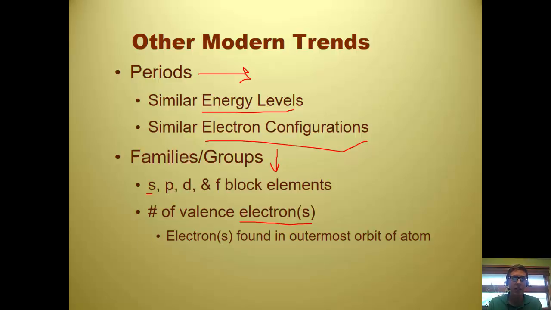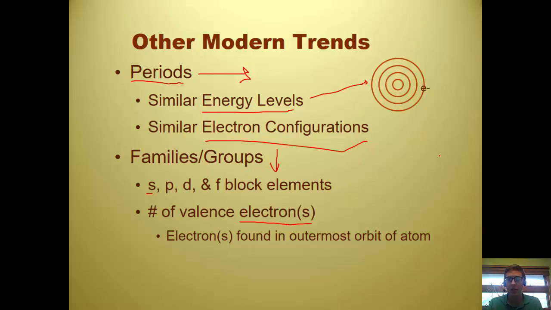And remember, valence electrons are electrons found in the outermost orbit of an atom. So if this is an atom, and these are the energy levels, we can see several energy levels. There's 1, 2, 3, 4, if we assume that the nucleus is in here. Well, those are the energy levels, and the number of energy levels in the atom can be predicted by the period.